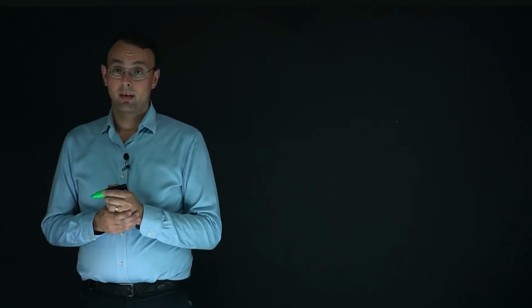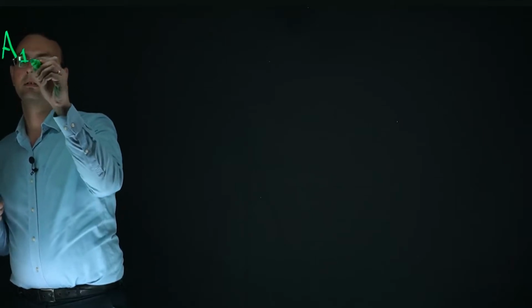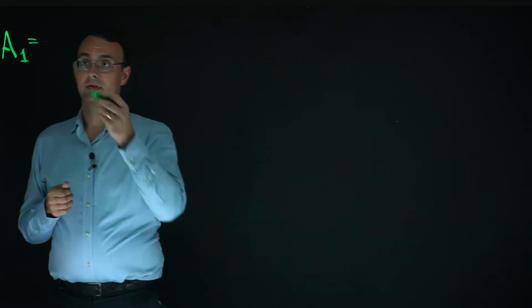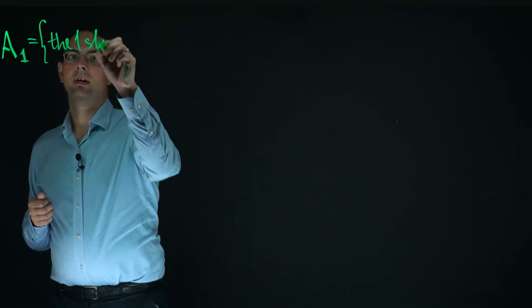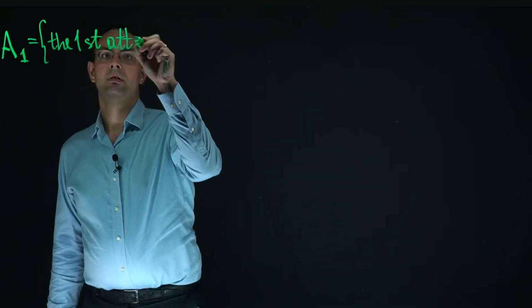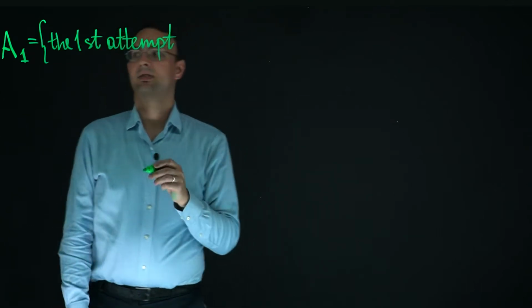So the first step is to introduce properly the notation. So we are to denote some random events connected with this experiment with the respective letters. So let me say that A1 is the event that the first attempt is successful.